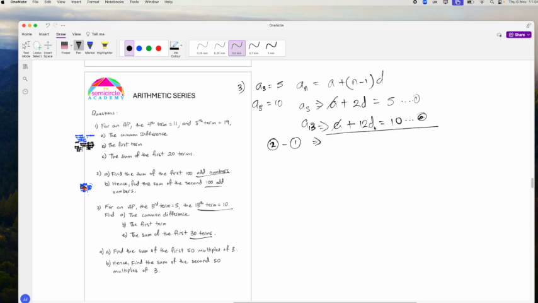The a's are gone. I'll have 12 minus 2 is 10d, and 10 minus 5 is 5. Therefore d is 5 over 10, which is a half. Now that d is a half, we sub into equation 1: a plus 2d is equal to 5, so a plus 1 is equal to 5, so a is equal to 4.